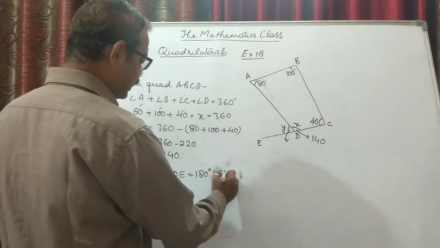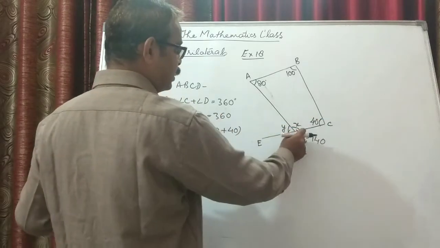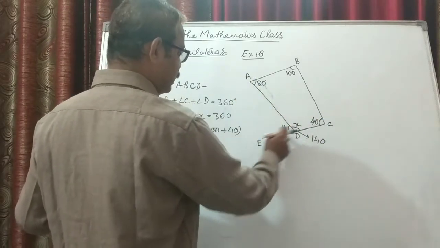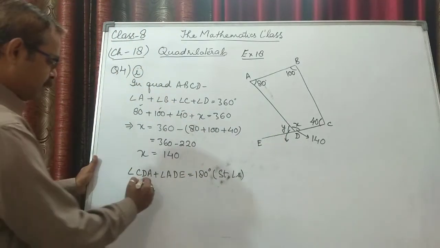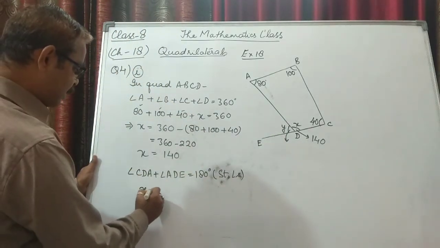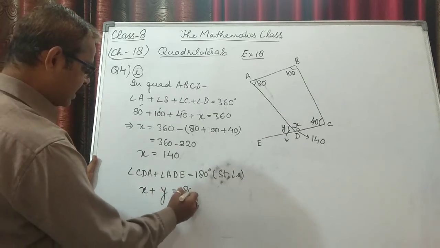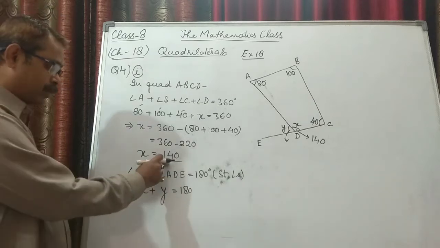Why? A straight angle or linear pair. CDA means this angle X and ADE means this angle Y. So in place of CDA we can write X, and in place of ADE we can write Y, is equal to 180. Now the value of X we have already calculated, that was 140 degrees.